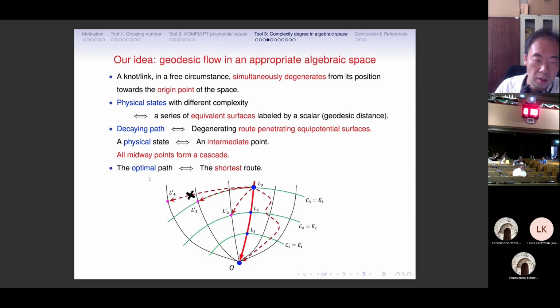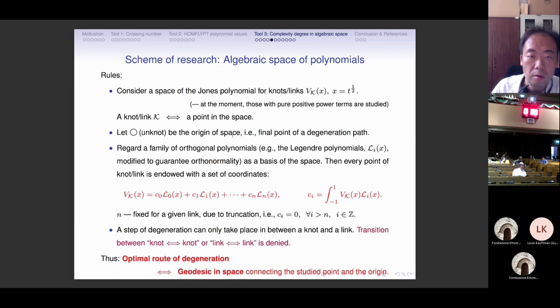Then we can see maybe the optimal path is nothing but the shortest route in this picture. So our scheme of research is the following.